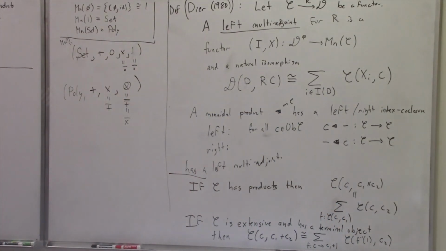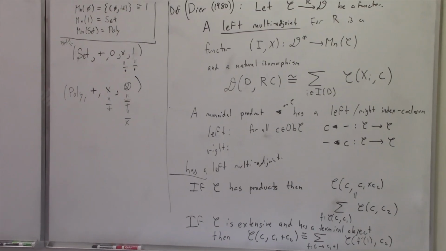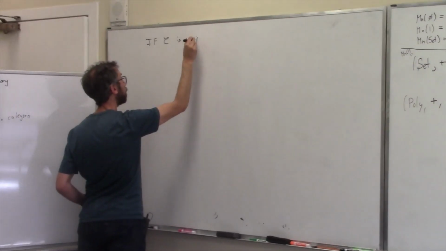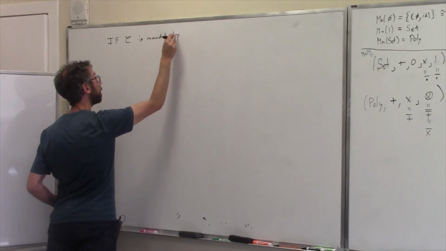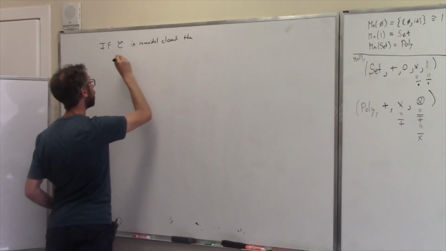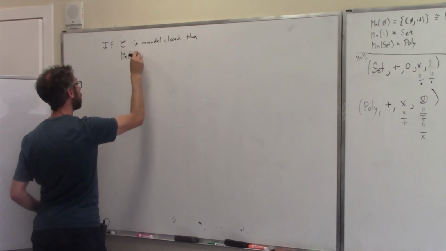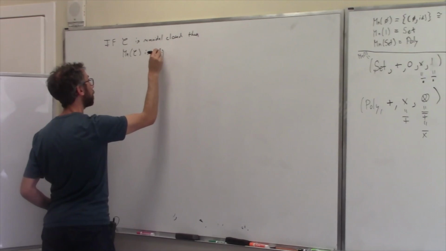And now there's just a bunch of stuff we can say. I'm not going to be able to say all of it, but basically, if C is monoidal closed, then menu C is index co-closed.